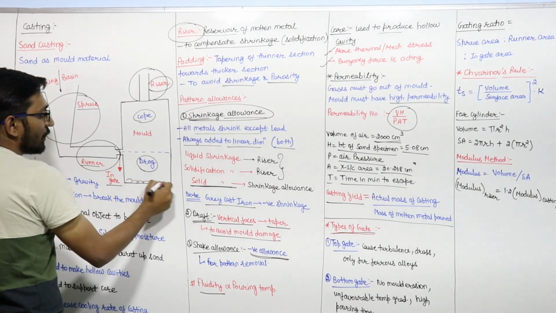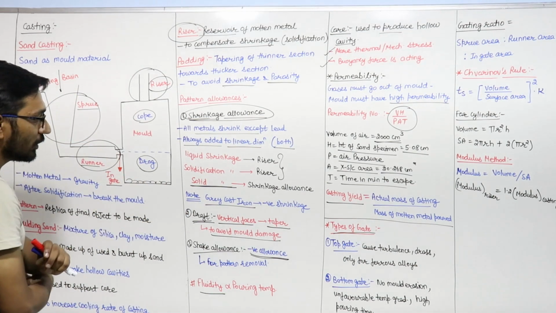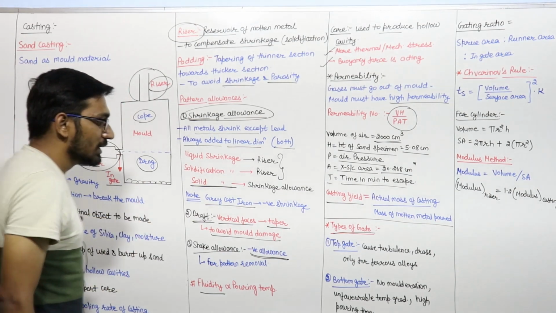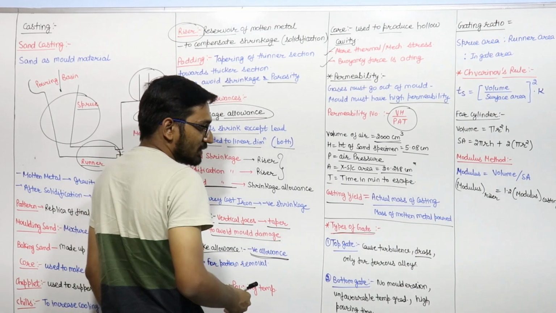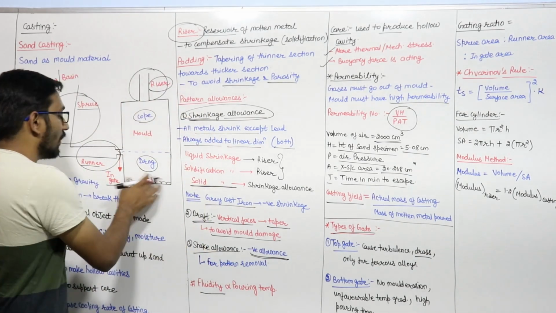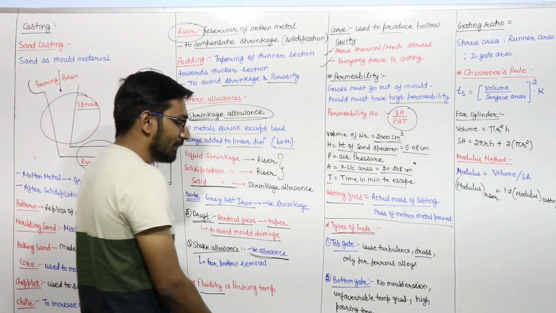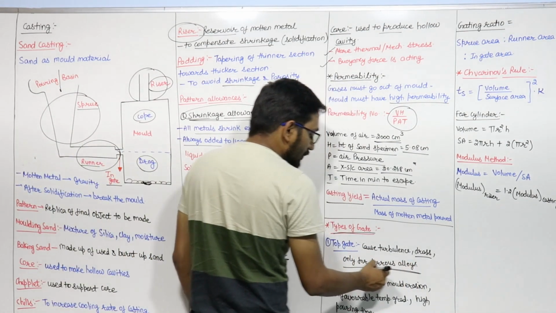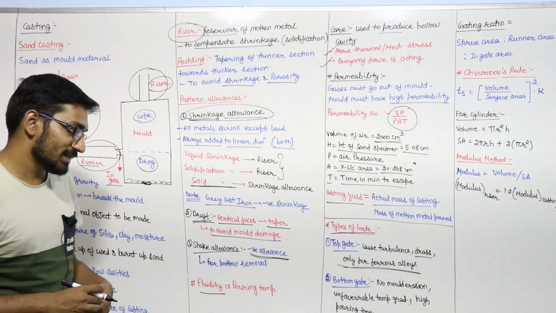If you drop the fluid from a height at speed, it will cause turbulence. Dross will be formed because of some impurity, because of this erosion. But this top gate is used only for the ferrous alloys. We are using the top gate only for the ferrous alloys.